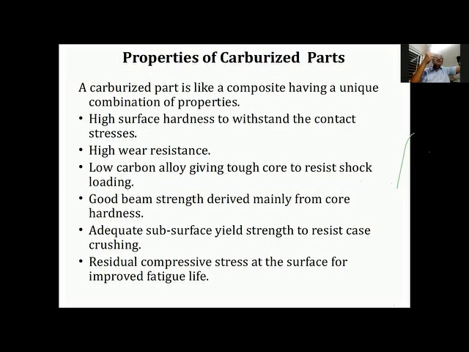The tug of war between these two areas of the carburized component leads to a net compressive stress at the surface, and that's why it will not fail unless you have got an external stress which is more than the surface compression. That is the reason why the critical gears are shot peened in addition to carburizing, to improve the surface compression further and to improve the fatigue life. Next, please.